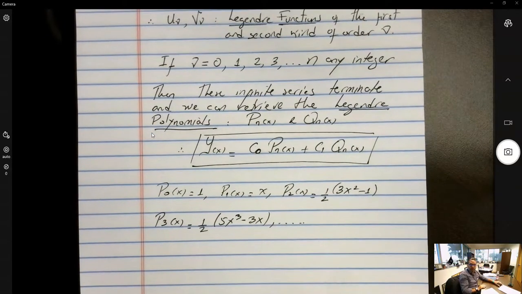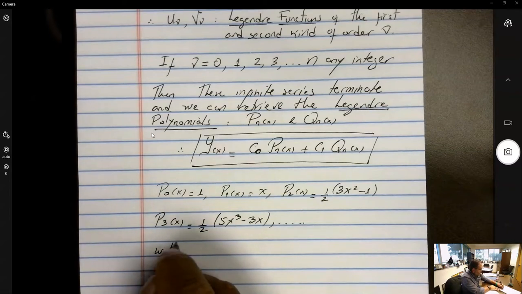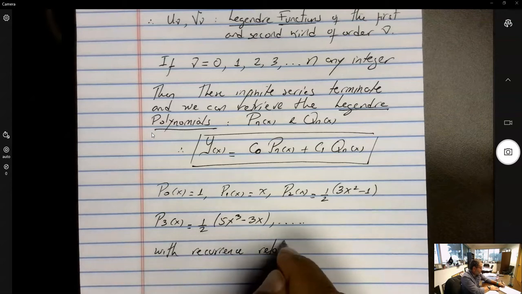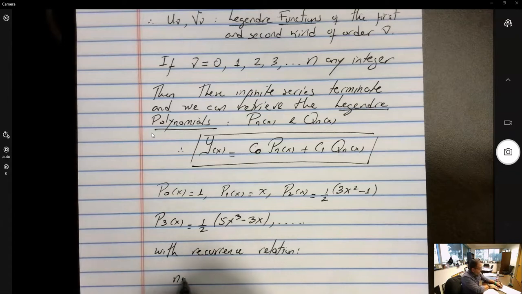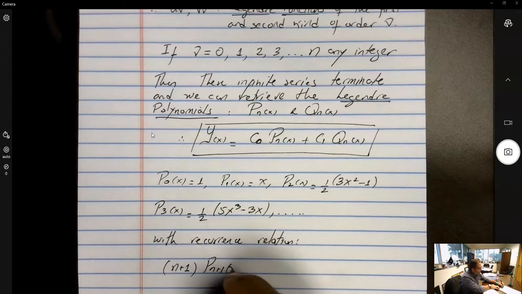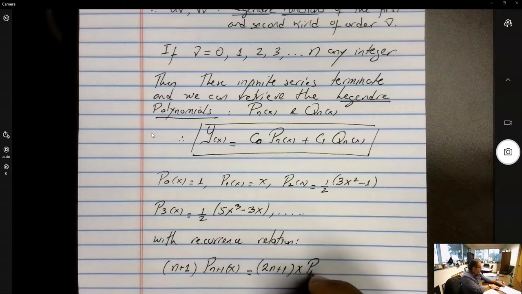So there's a recurrence relationship between these polynomials, such that n plus 1 times P n plus 1 of x is equal to 2n plus 1 times x Pn minus n Pn minus 1.